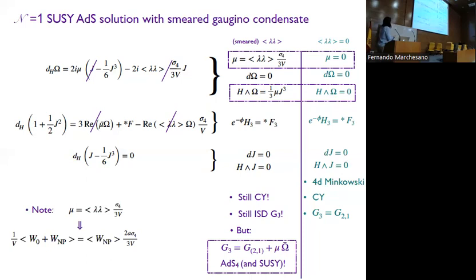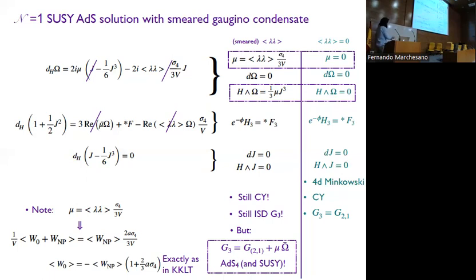And one thing: this mu, which is related to the Gaugino VEV, is related to W non-perturbative, and at the same time the equations are consistent if mu is e to the k over 2 times this VEV.